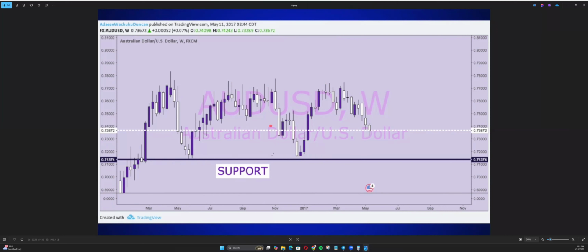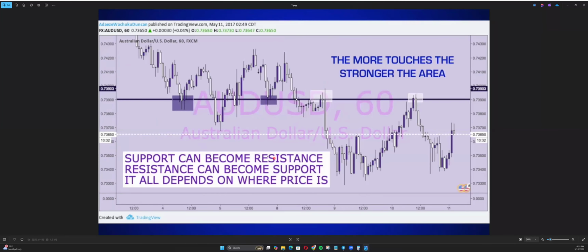So it's like two areas in which markets always find it hard to break above or break below. So support could turn resistance, and resistance could turn support. I'll show you in a bit. At the point the market was here, this represented a support area here and here, but later it became a resistance. It went below it and started tapping from the downside to push down from the upside.